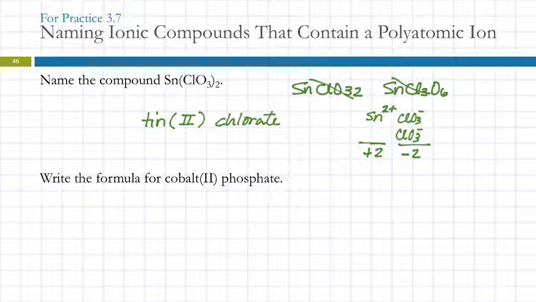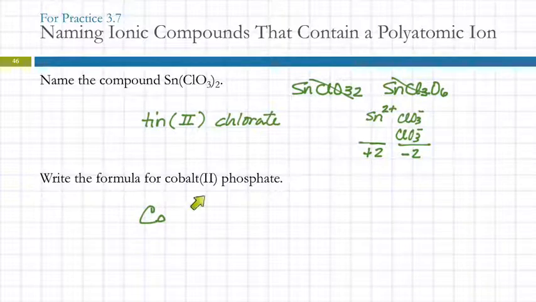How about this one? Write the formula for cobalt(II) phosphate. Writing the formula, we need to write the ions with their charges first. What's the charge? Well, first of all, what's the symbol for cobalt? Co. And it's important that that's a little o, because we don't want this to be confused with carbon monoxide. So small o.